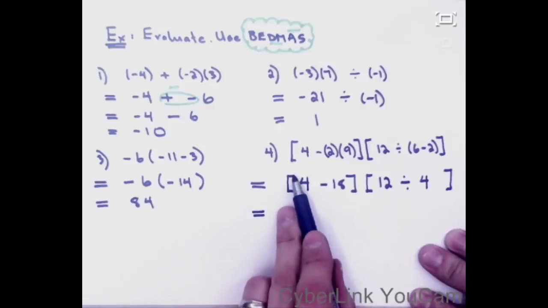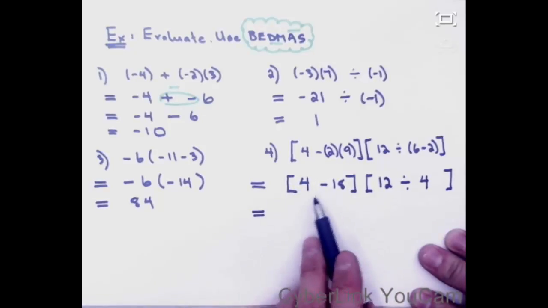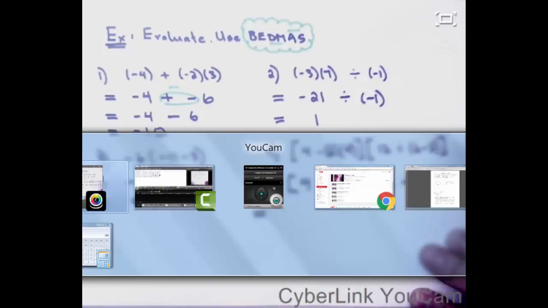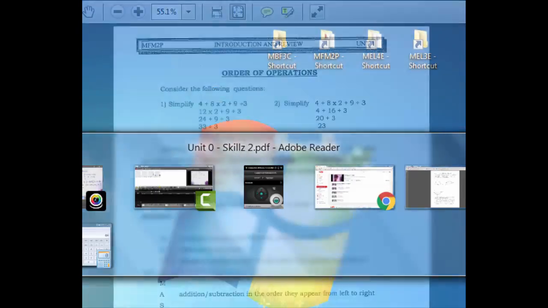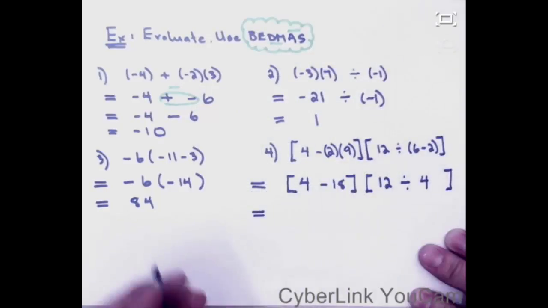Okay? So remember these first square brackets? They've now been reduced to one operation in there, 4 take away 18. And you can use your calculator if you're still not comfortable with that, or number line. So 4 subtract 18 is minus 14.